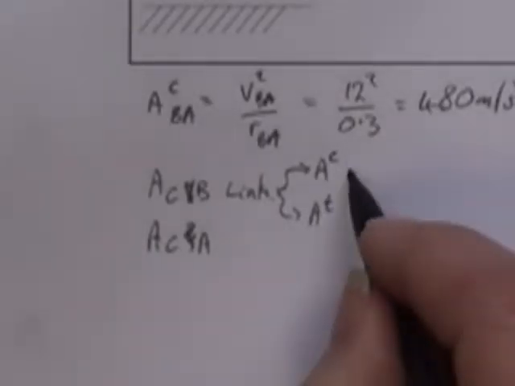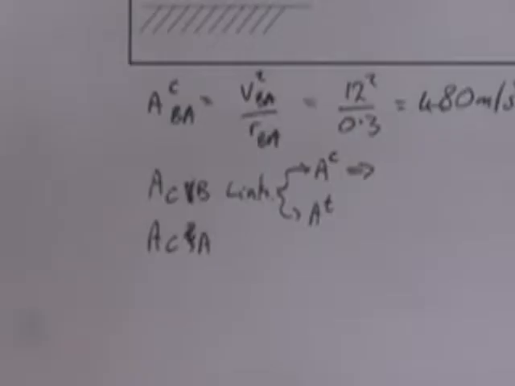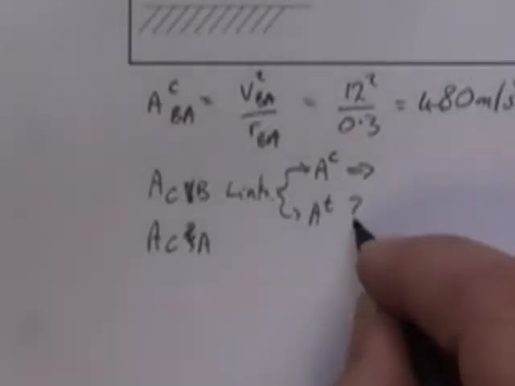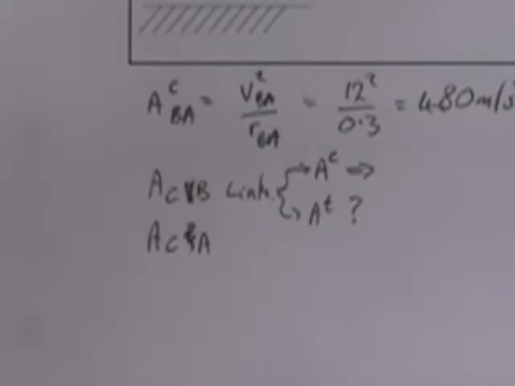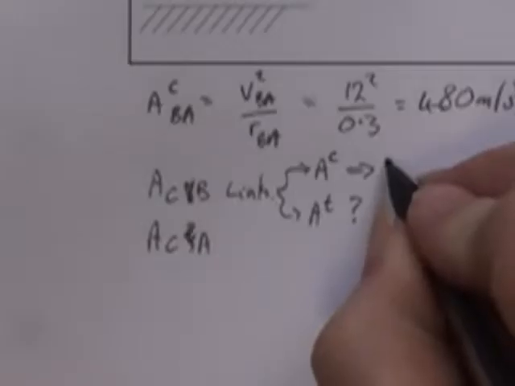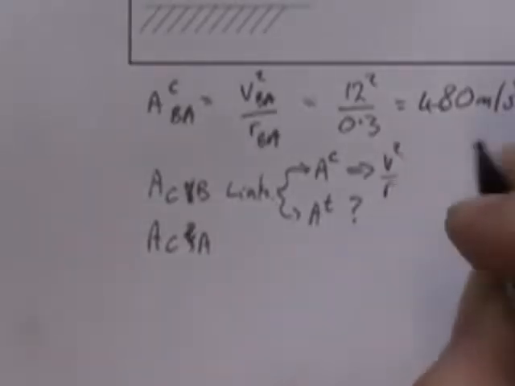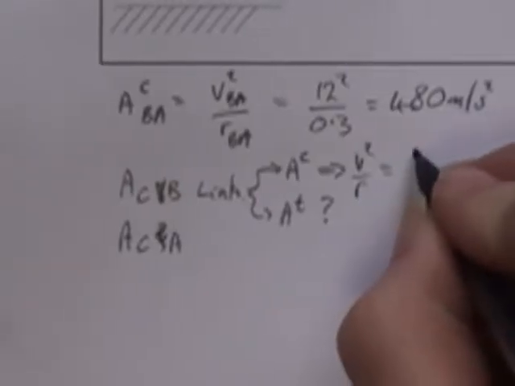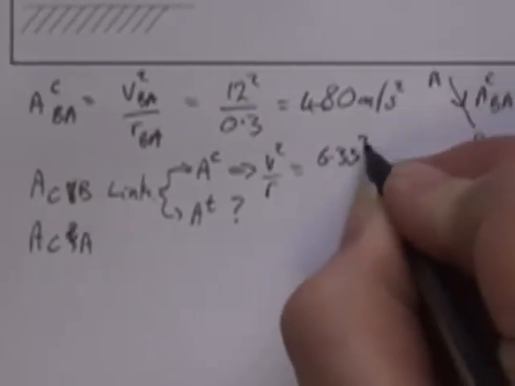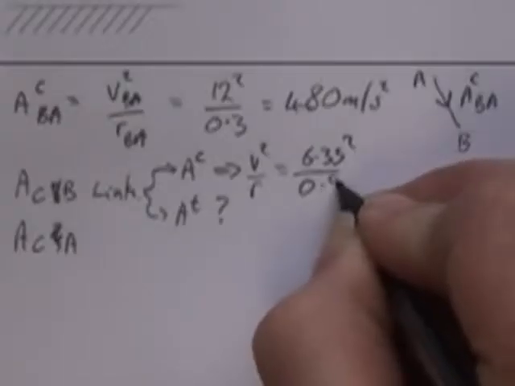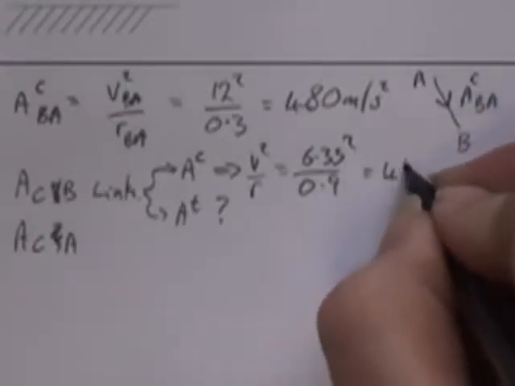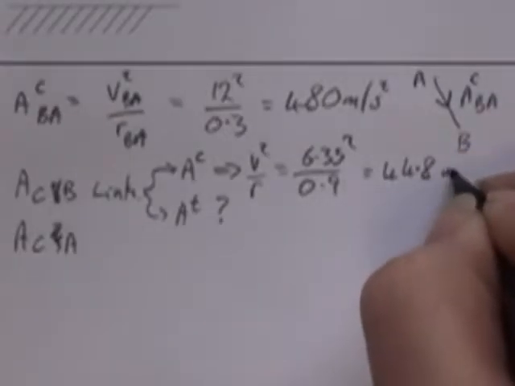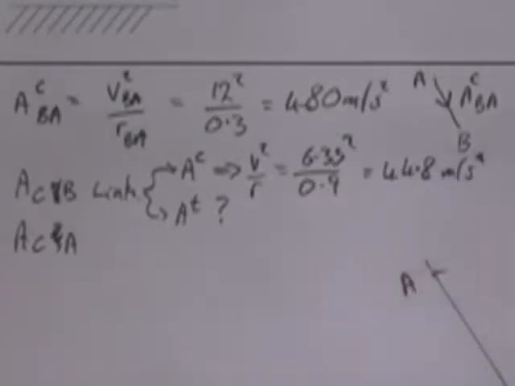In all of these I can calculate AC using the velocity diagram, but the tangential one will be unknown in each case. What I need to do is cross my lines and establish that point. AC is equal to V squared over R. From my velocity diagram, this was 6.35 squared over 0.9, which is 44.8 meters per second squared.